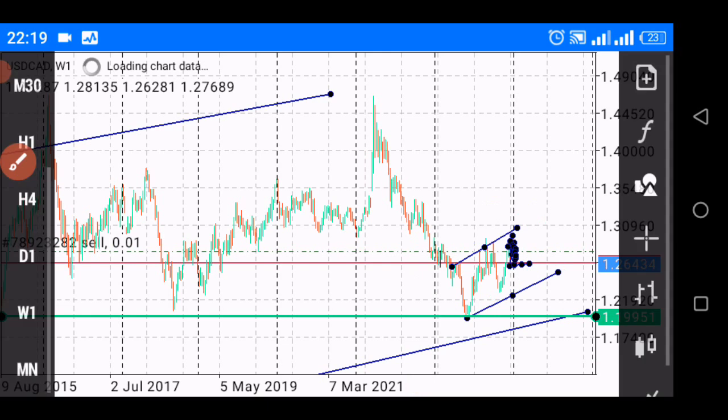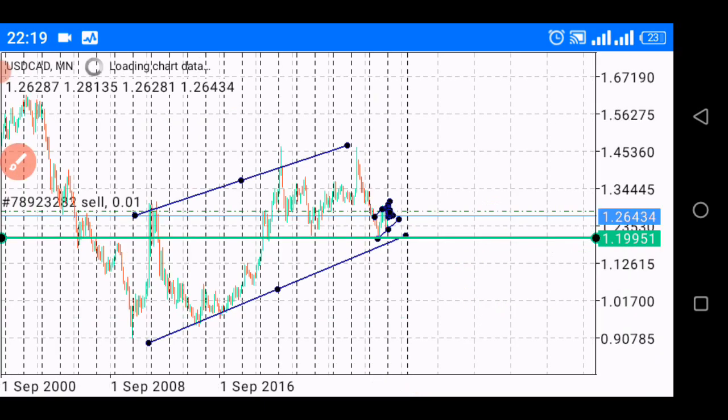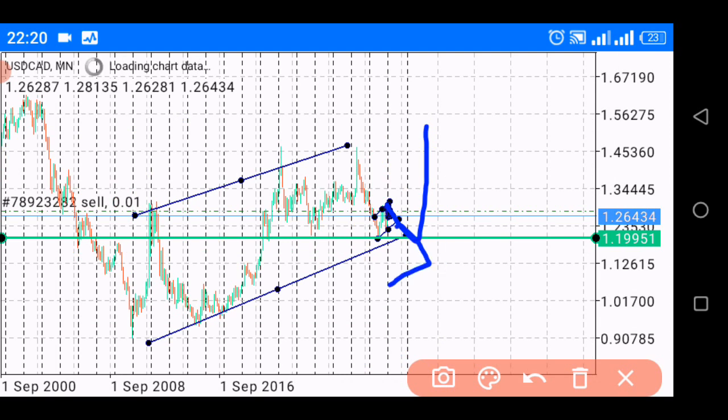Then in the monthly, we may probably have a W formation. I say probably because I'm not so sure. The market is going to give us information about that when we reach there, or we may have a breakout, consolidation, maybe a large flag, and price reaches this area.